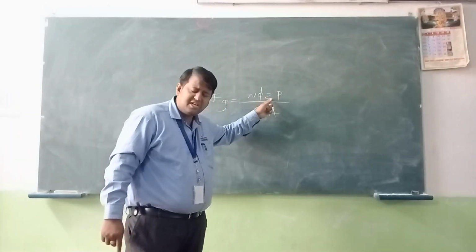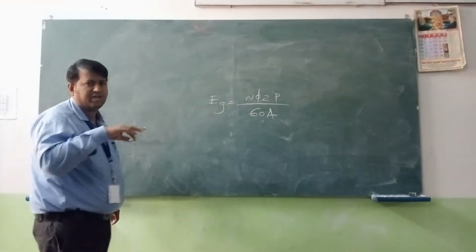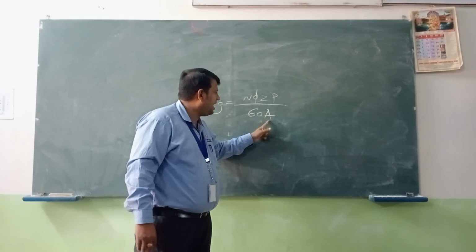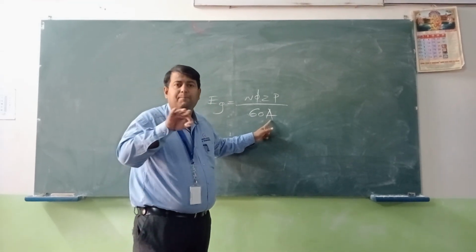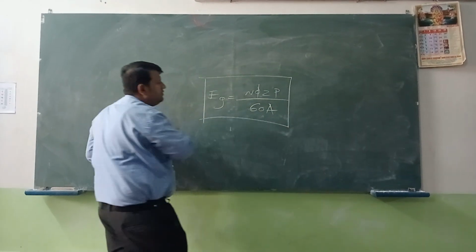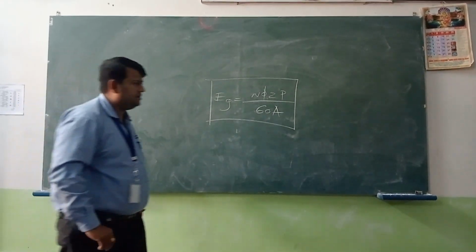Z is the armature conductors, P is the number of poles, and A is the number of parallel paths. So this is the EMF equation of DC generator.